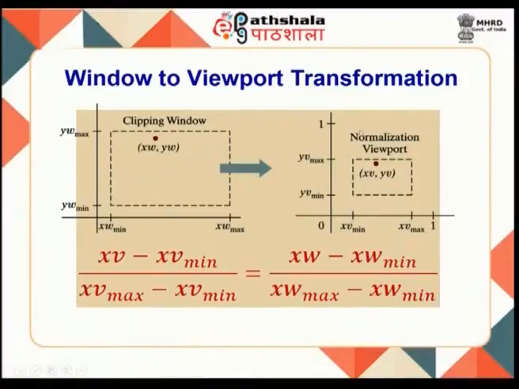Assume the rectangle in the viewport has xv min, xv max and yv min, yv max as the four infinitely extending lines that make up the boundaries of the viewport. How do we find the mapping point for xw, yw in the viewport?